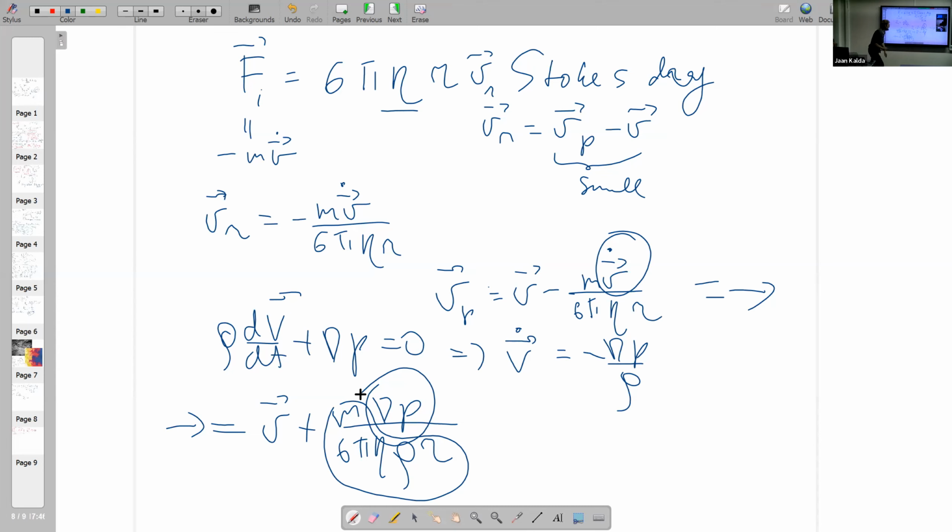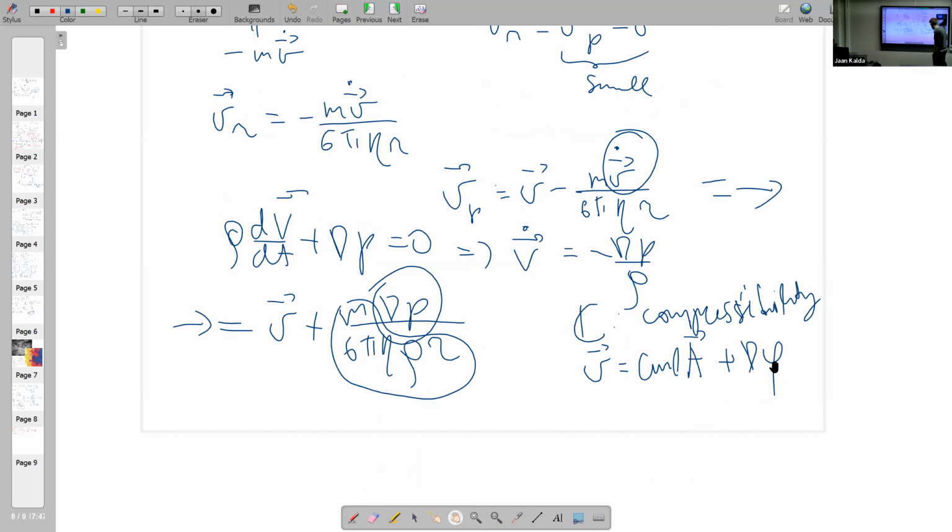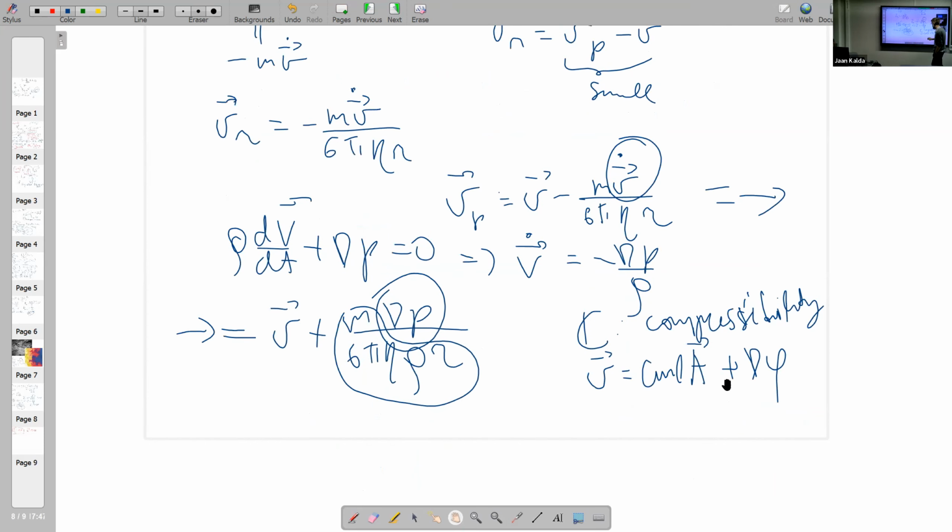Okay. Once again, compressibility C. This was defined so that if V is equal to a certain curl of A, which is the incompressible part, plus a certain potential part, gradient of phi, then compressibility C was the relative importance of the potential, or compressible, part.